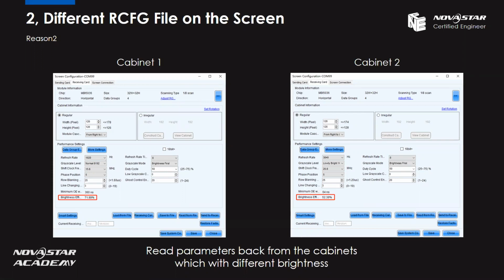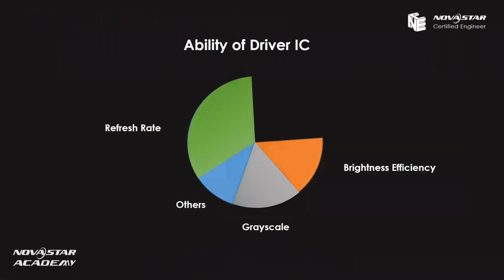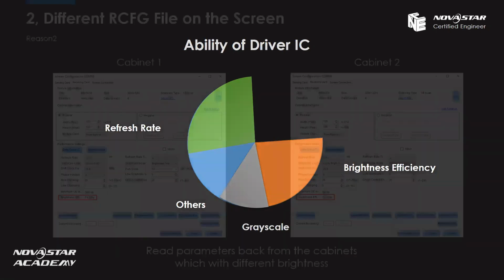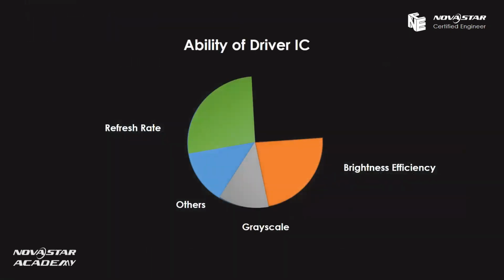Here is one point we need to remember. The performance of the driver IC is limited. So if we adjust one parameter, another parameter will be changed. For instance, this is a common chip. If we turn down the refresh rate, we can get higher brightness efficiency.